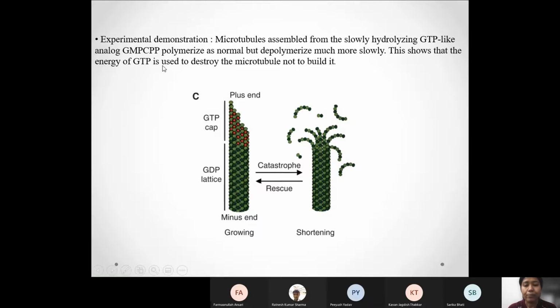Now, if you have something that behaves exactly like GTP, but hydrolyzes very slowly, then you should have an extended, very extensive GTP-like cap, right? Because it will hydrolyze slowly.